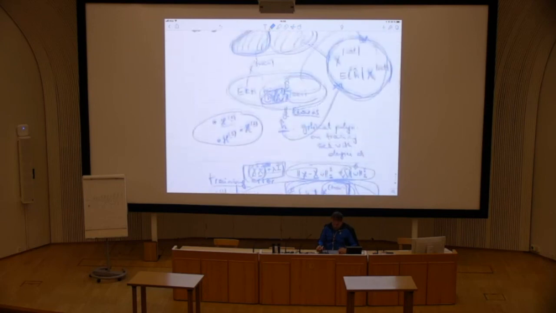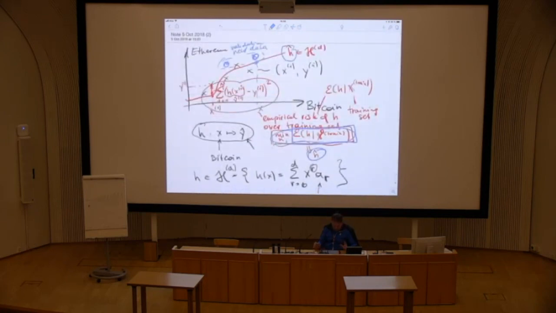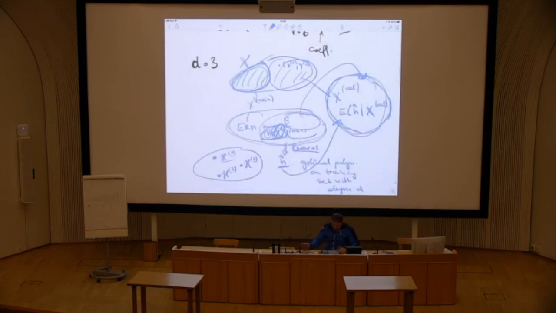Good. So I hope this recap helps you better understand the very simple idea of validation and regularization. It's very straightforward. Just try out the predictor that you get from the empirical risk minimization over a training set on another data set. There are different ways to construct this other data set.